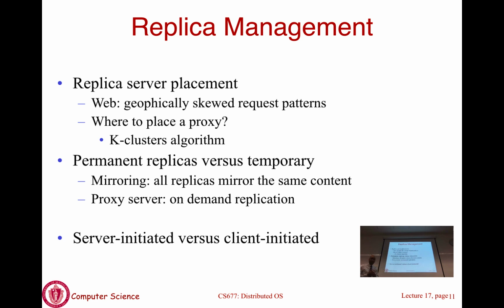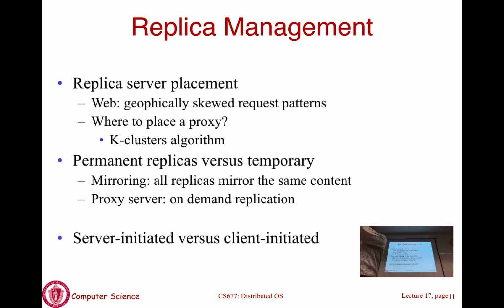Okay? And last but not least, who is triggering the replication? Is it server initiated or client initiated? Server initiated says it's the server's job to figure out how to place the replicas and how to replicate the data. Client initiated says that it is completely on demand. When a client makes a request, that is when you decide where to put the replicas.